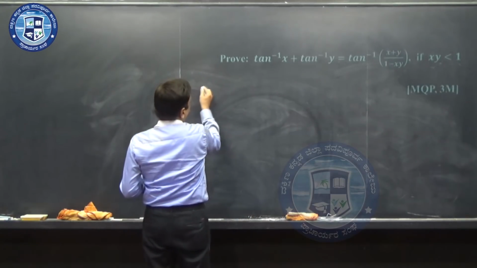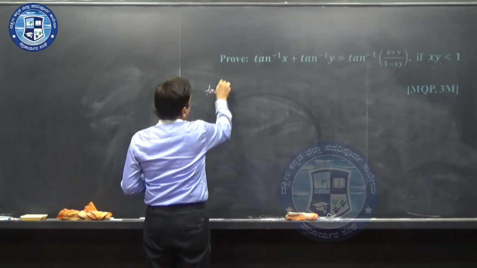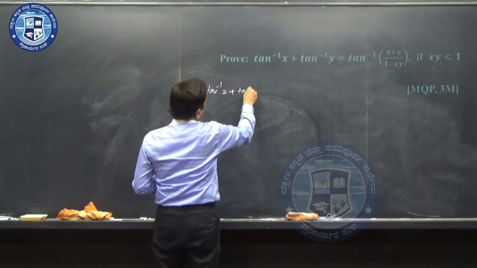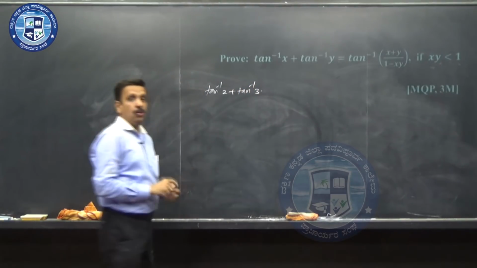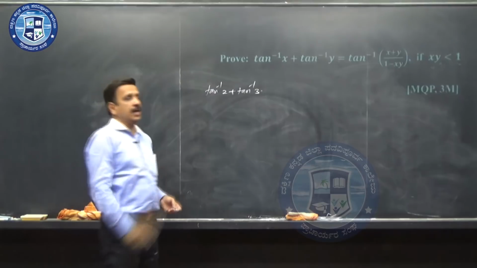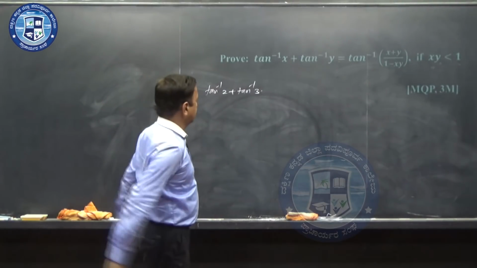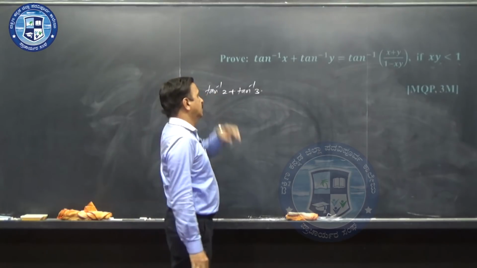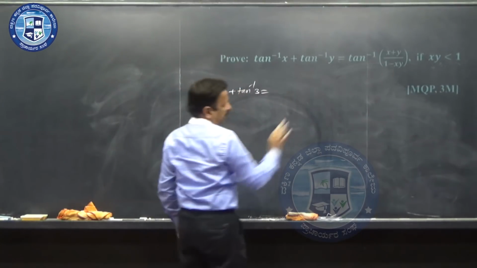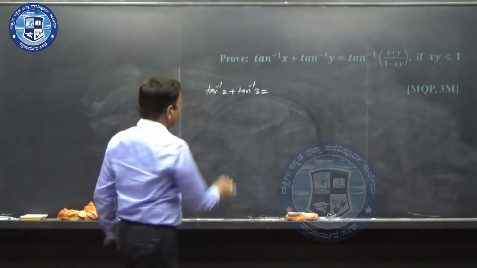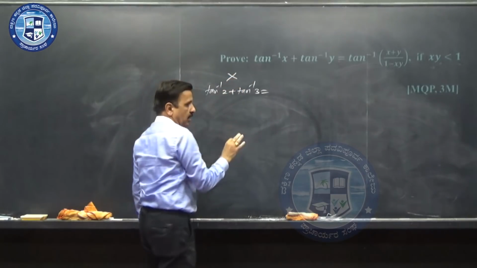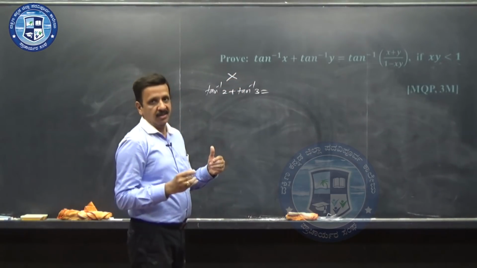Say for example, let me give an example, tan inverse of 2 plus tan inverse of 3. Imagine you do not know the conditions, you ignore them, then what happens? Actually what we are analyzing is wrong, but you must be convinced that it is wrong.